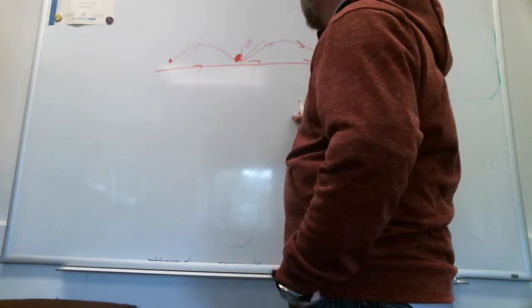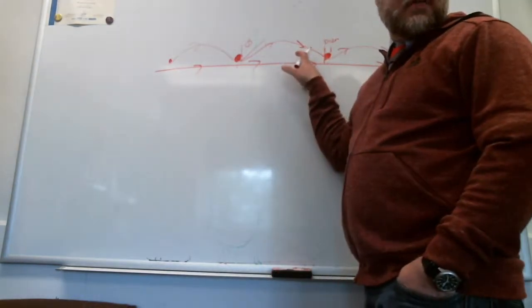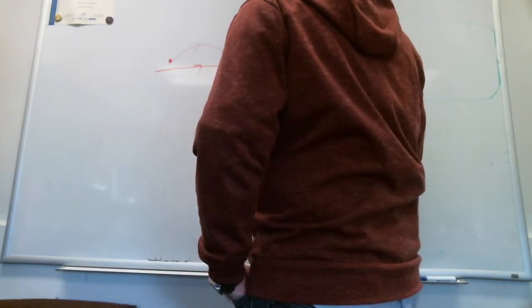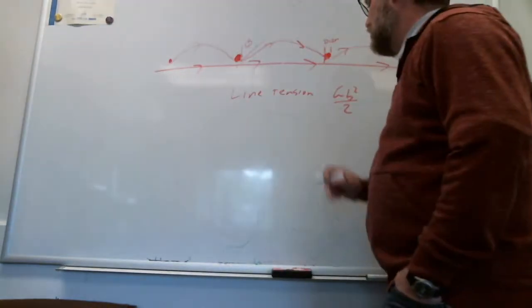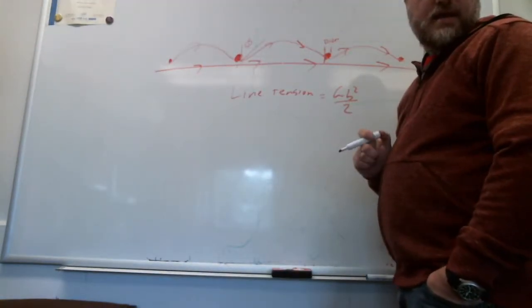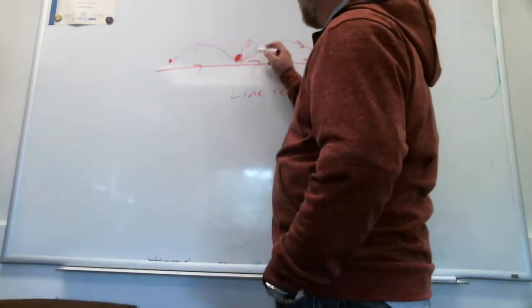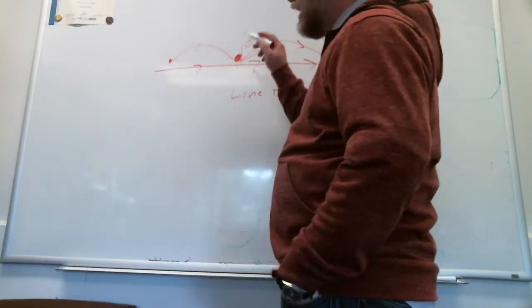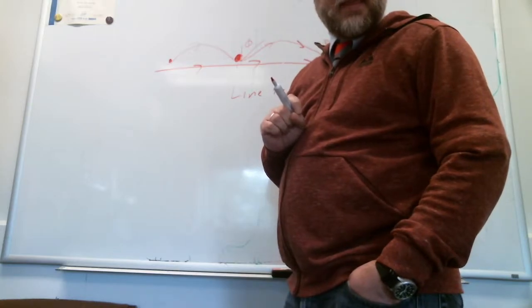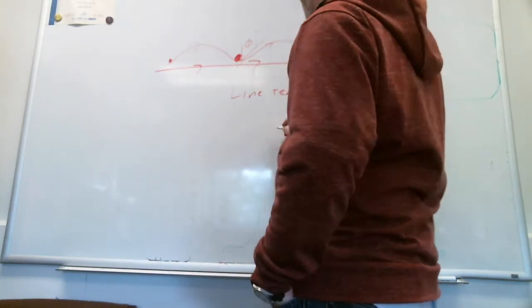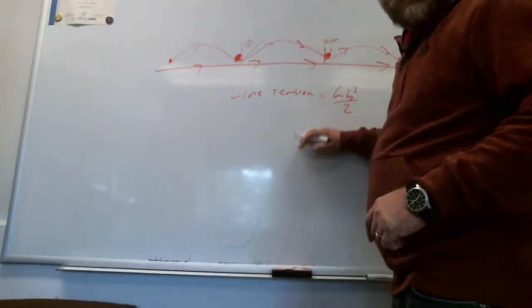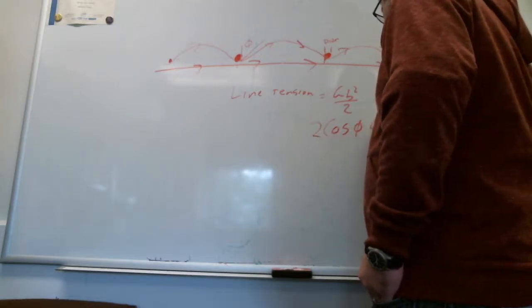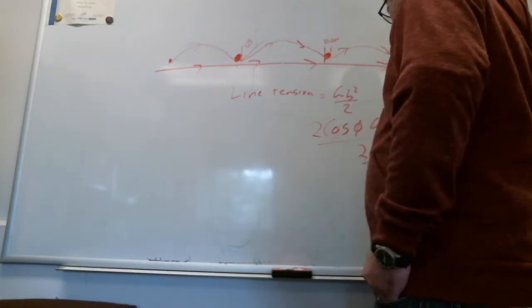So if we remember the line tension of a dislocation is going to be Gb squared by 2. And so if we do our vector and we want the force that's resolved in the vertical direction, that's going to be 2 cosine phi Gb squared by 2.